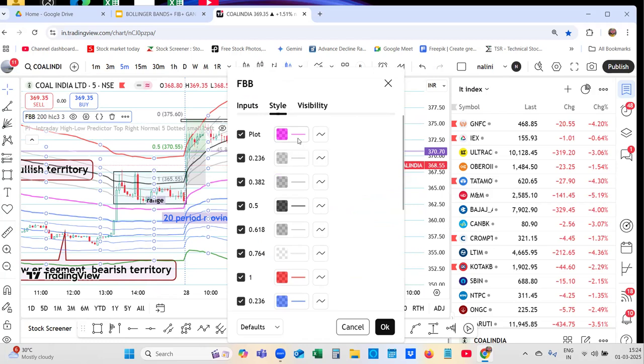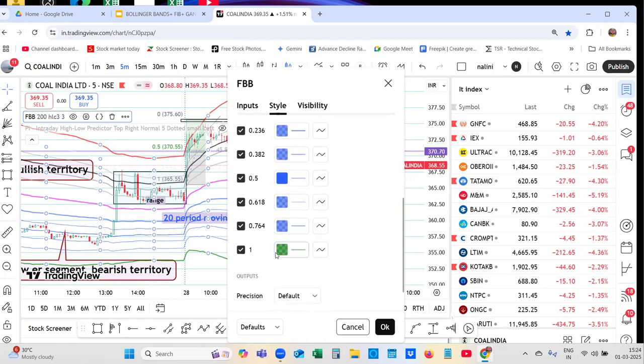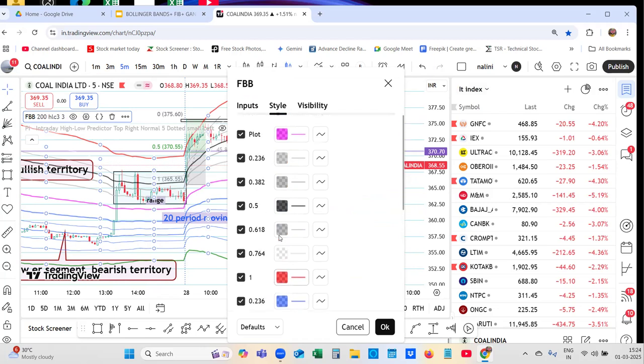In the indicator settings, you are seeing three colors: green, red, and violet. The violet color is the central part of the Bollinger Band.